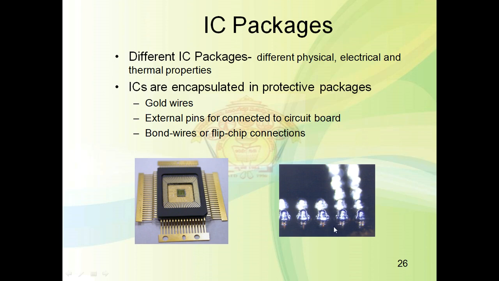The bumps have direct contact with the substrate connection points and lead to the external pins. So in recent technologies, instead of bond wires, flip chip technology is used. The metal is formed directly as bumps, and they connect the pads to the pins. So this is about IC packaging.